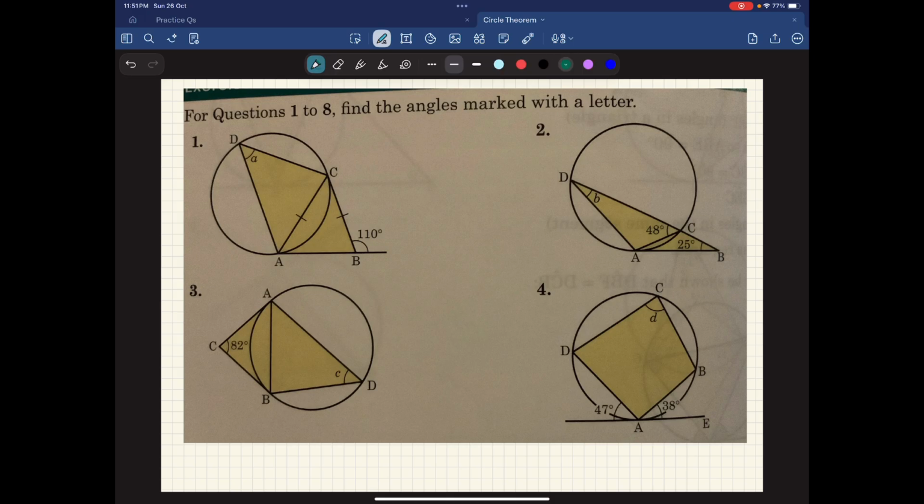There might not be a lot of past paper practice questions with respect to this theorem because it is a recent inclusion, but we do have textbook questions where we can learn its application. So I would suggest that you pause the video here, try and find the angles marked with the letter, and then later unpause it and check your answers against mine.